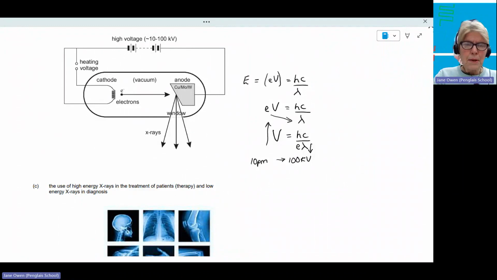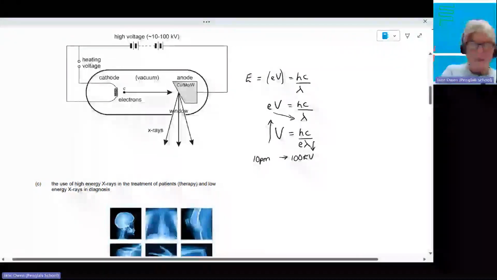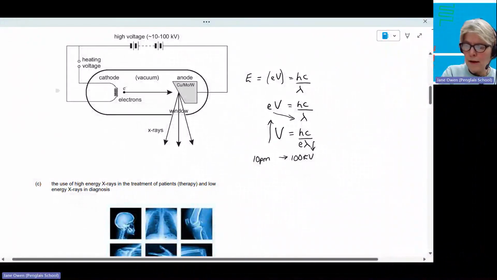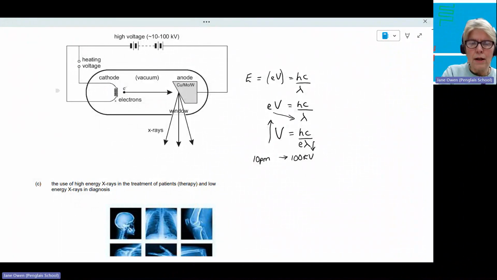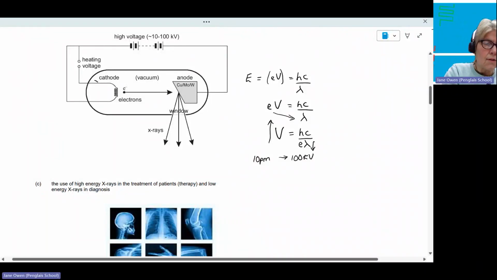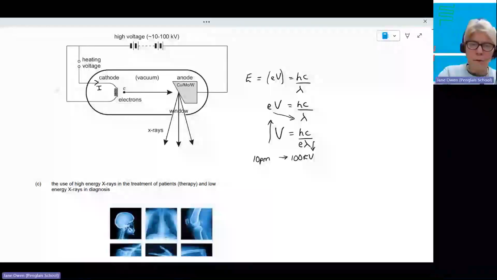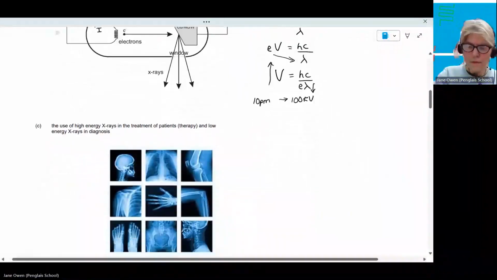To increase the beam intensity, the temperature of this cathode has to be increased. It needs to be higher so that we have more electrons available to be released per second. So we increase this cathode current to increase the beam intensity. So there are two things that we can do here to control the wavelength of the wave and the intensity of the beam produced.